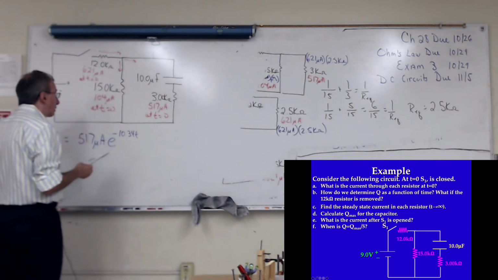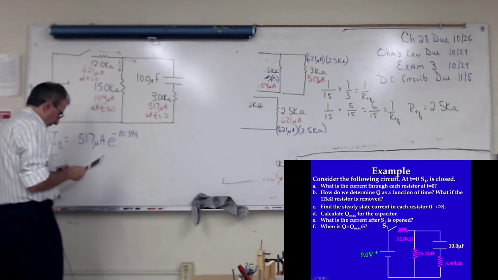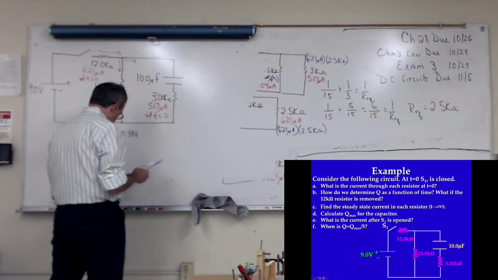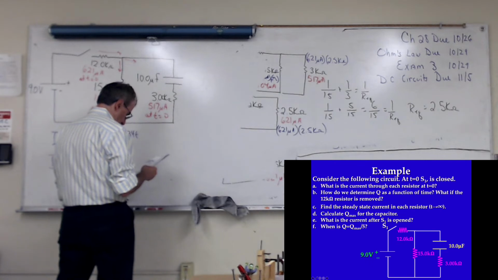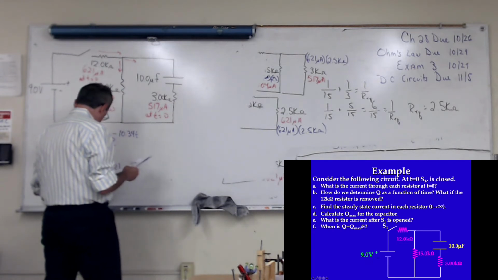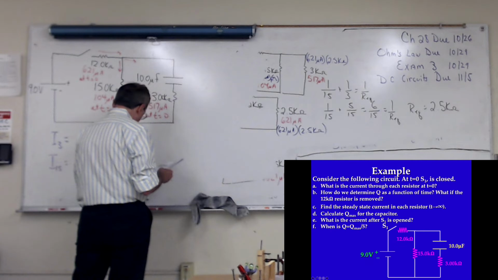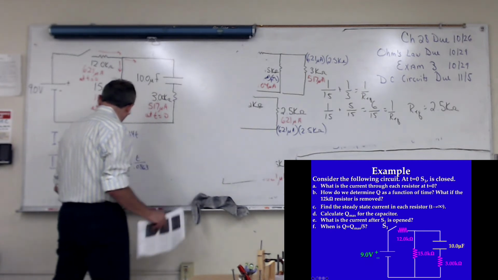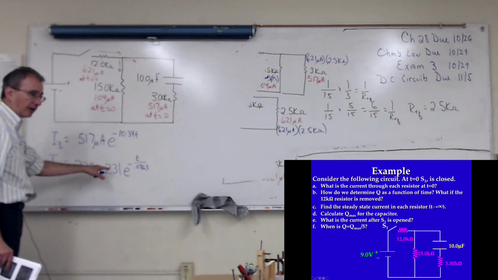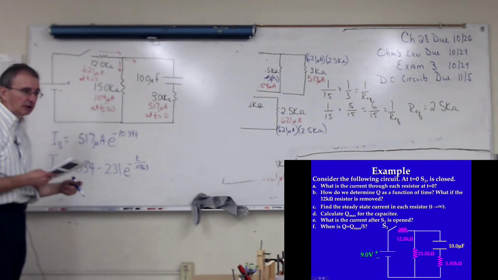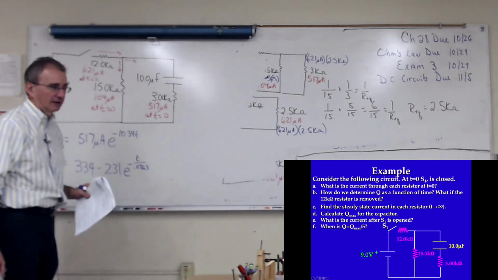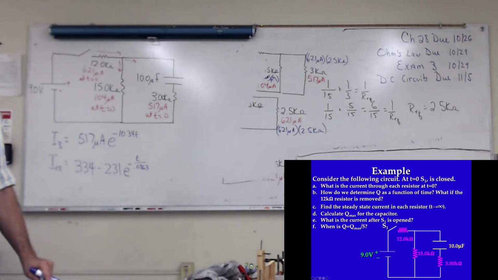And then through the 15 kilo ohm resistor, it looks like that. I might have a round-off error here, because it doesn't match with this number, but that's what the equation looks like. So you can play around with it, and you can try to solve it if you want. But I'm not going to ask you to do it on the exam. That would take you a long time to solve.